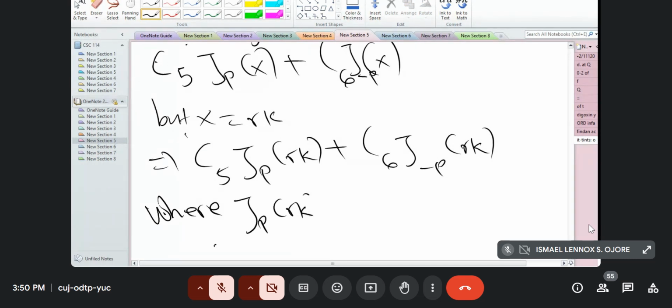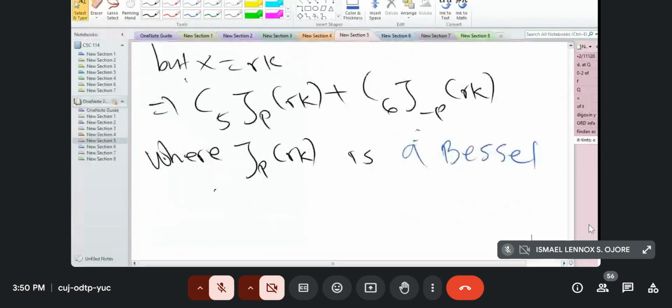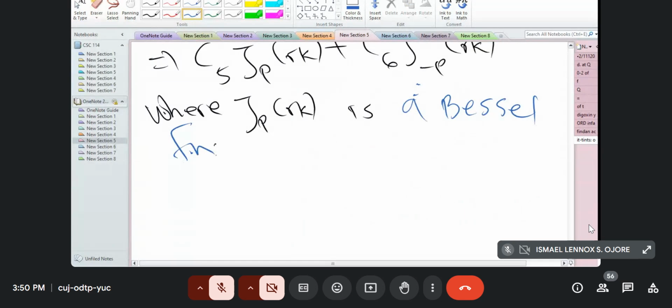Jp of rk is a Bessel function of the first kind of order p.